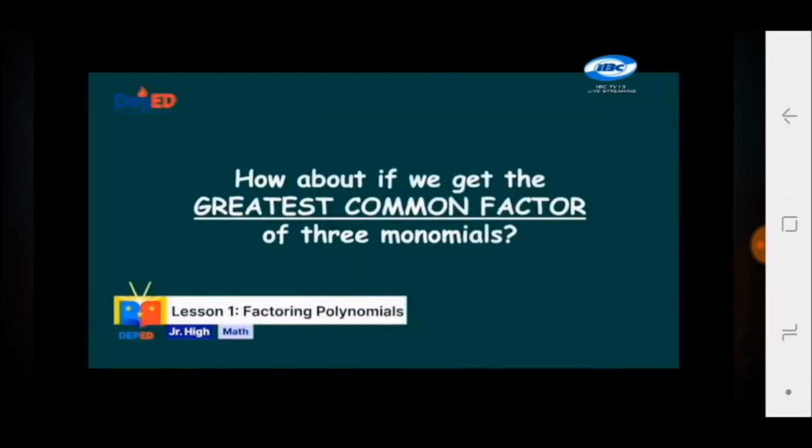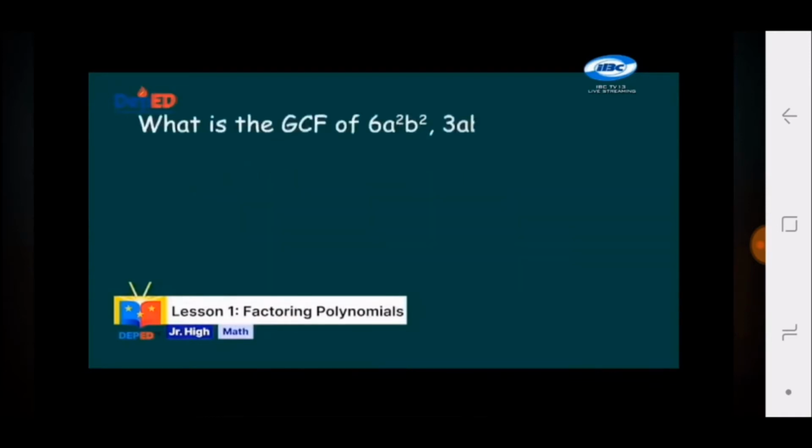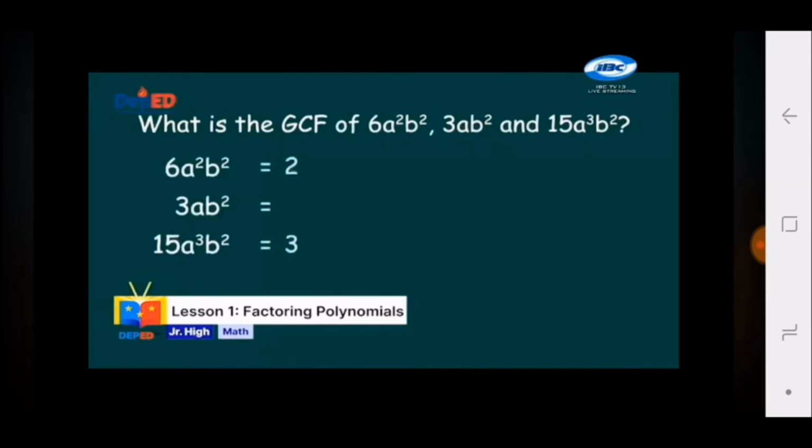How about if we get the greatest common factor of three monomials? What is the greatest common factor of 6a squared b squared, 3ab squared, and 15a cubed b squared? First, get their prime factors. 6a squared b squared is equal to 2 times 3 times a times a times b times b.